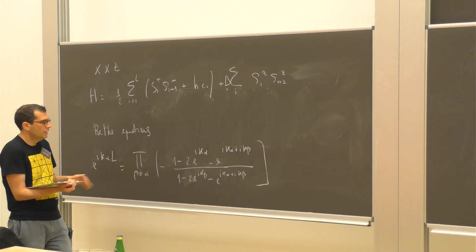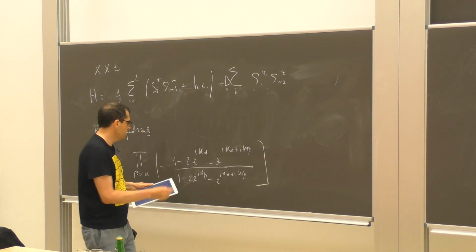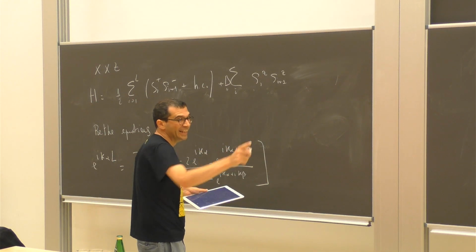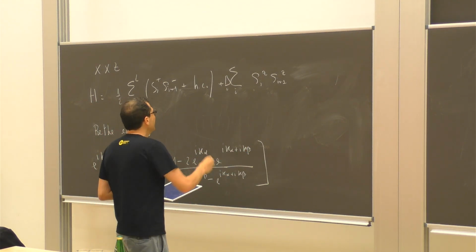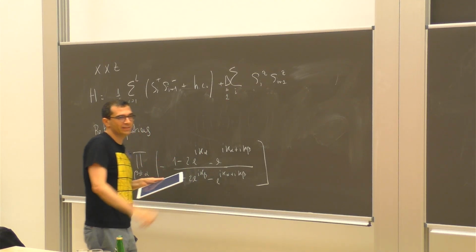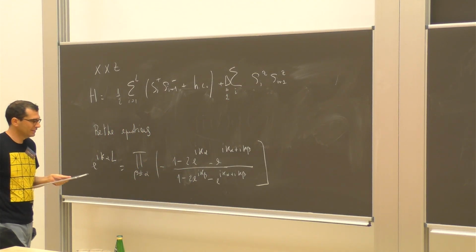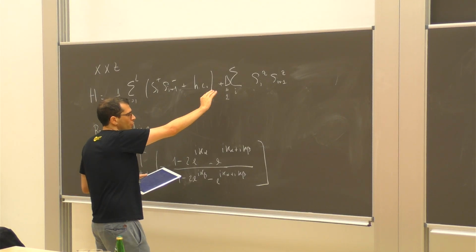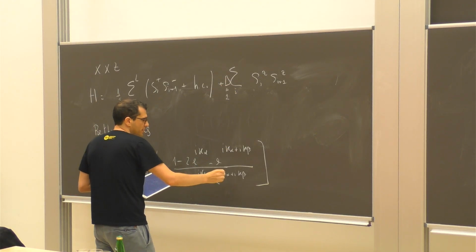I think this is for delta equal 1, which is still interacting and non-trivial. If you don't have interactions, this term here is essentially 1.